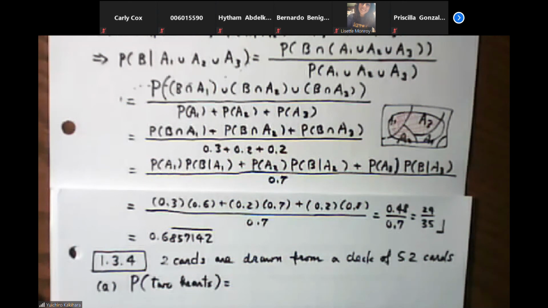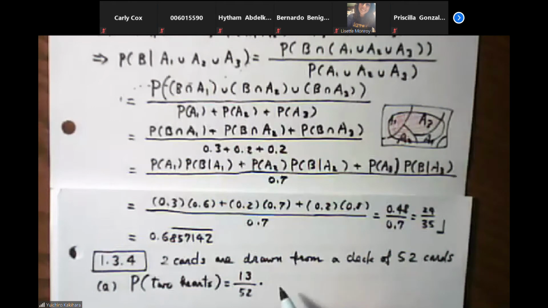There are 52 cards, and there are 13 hearts. So 13 over 52 is the probability that the first card is a heart, and we multiply the conditional probability, given that the first one is a heart, that we want to draw another heart.